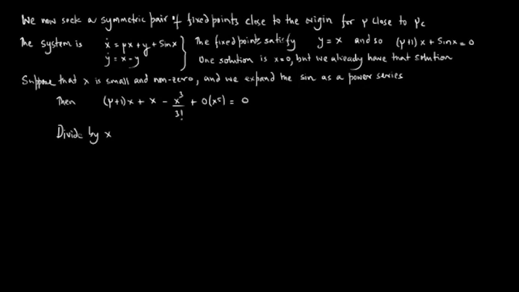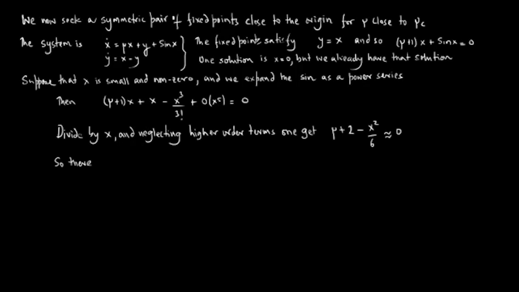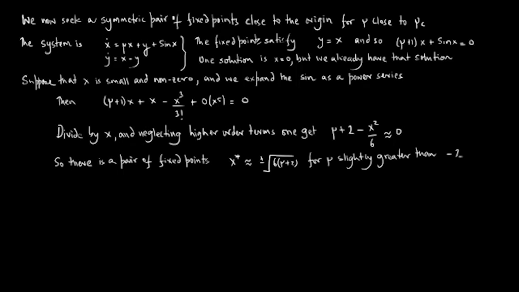So dividing by x and then neglecting higher order terms, one gets mu plus 2 minus x square on 6 is approximately 0. So there is a pair of fixed points x star plus minus the square root of 6 times mu plus 2, for mu slightly greater than minus 2.